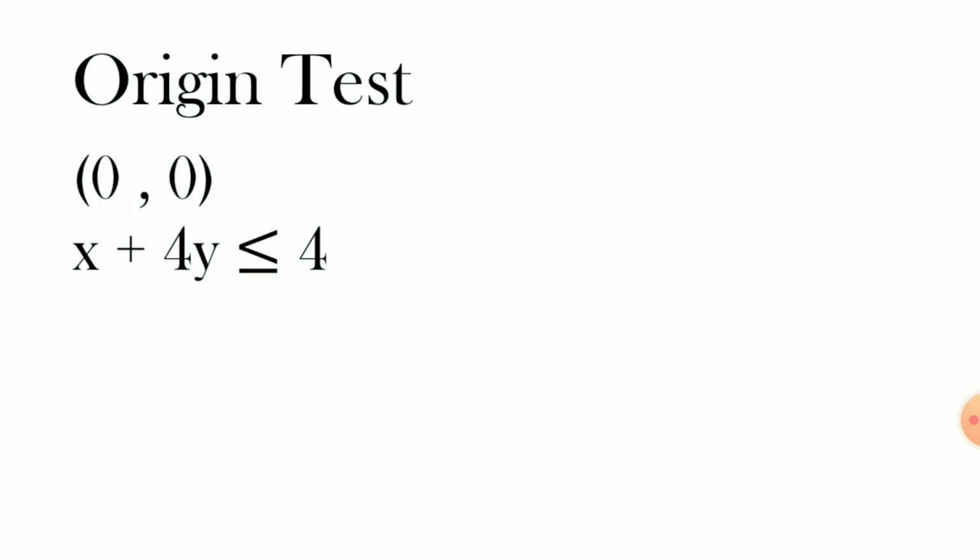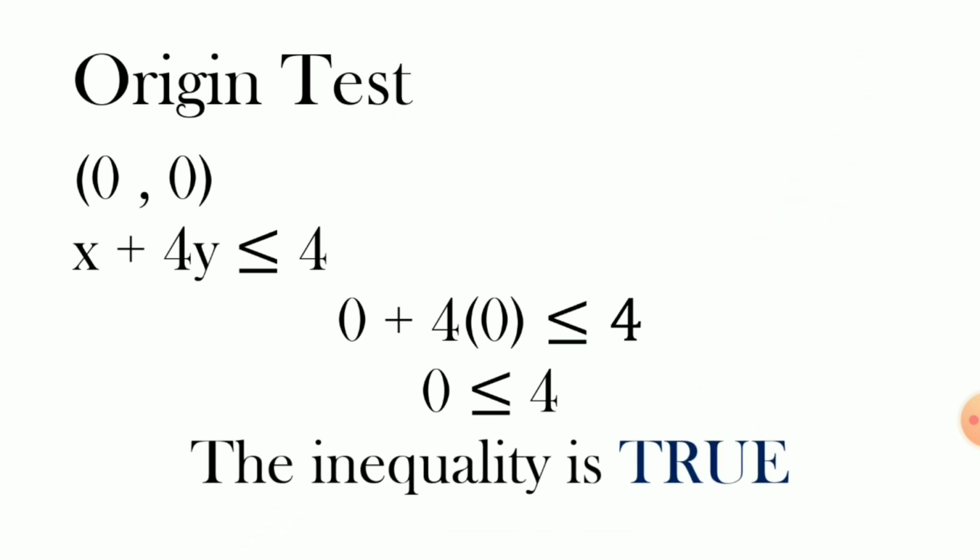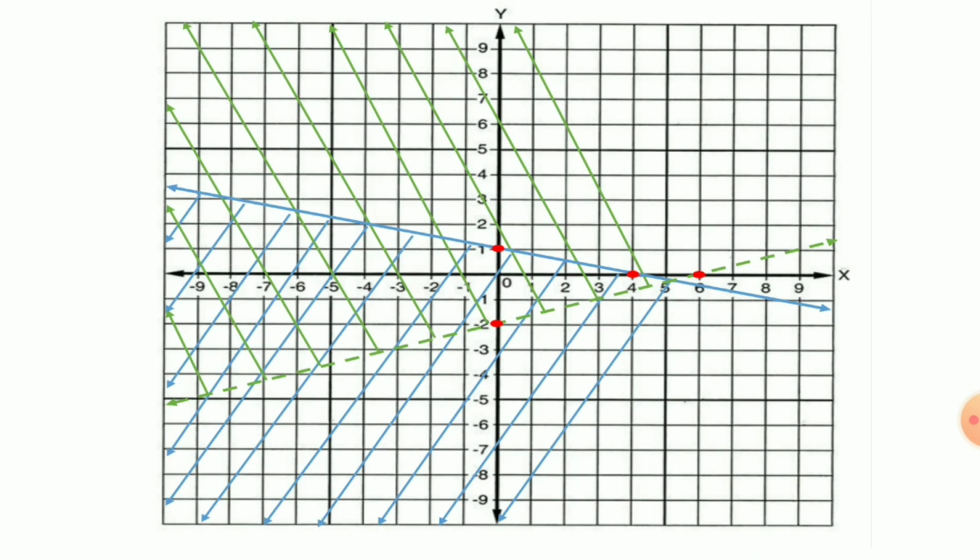Change x and y to 0. So that is now 0 + 4 times 0 is less than or equal to 4. So that is 0 is less than or equal to 4. The inequality is true. Since the inequality is true, shade the area where the origin is contained.